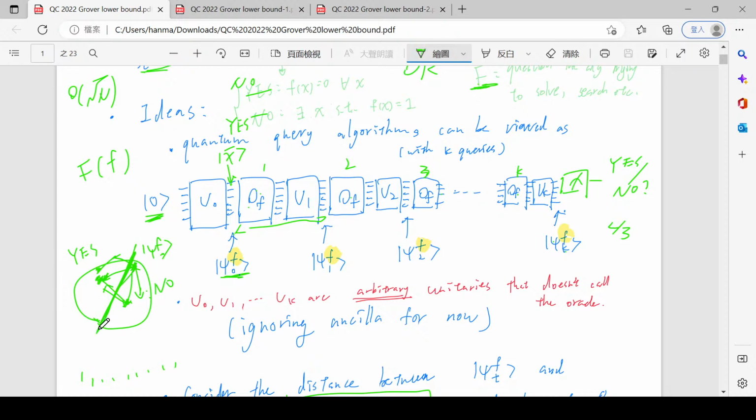So there is this kind of binary separation: the yes instances should all separate to this half, and the no instances should all separate into the other half.